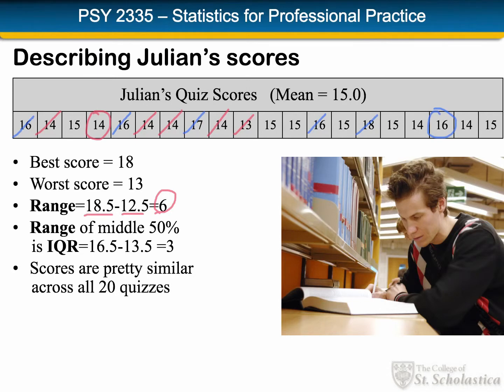And when we do that using the upper limit of 16.5 and the lower limit of 14, which is 13.5, and subtract them, we can see that interquartile range is 3. Overall, we're seeing that Julian's scores are fairly similar across all 20 quizzes.